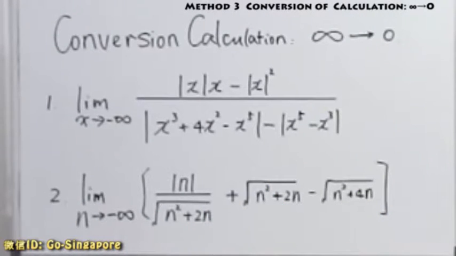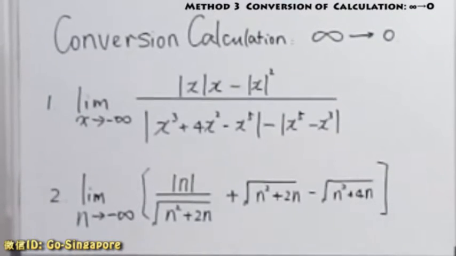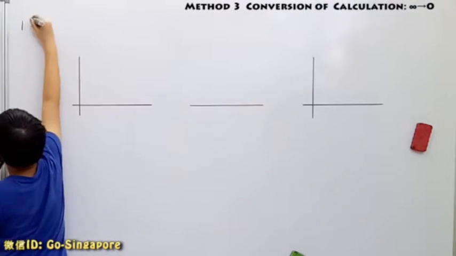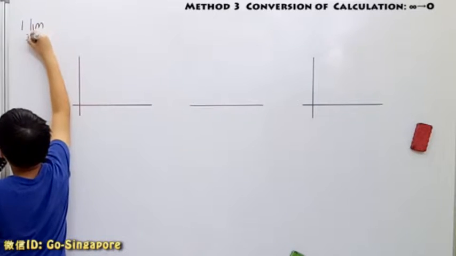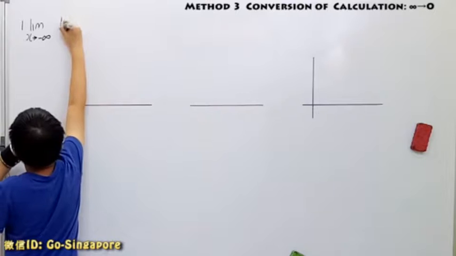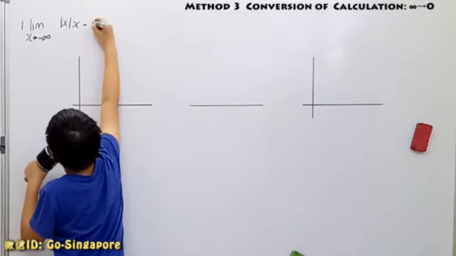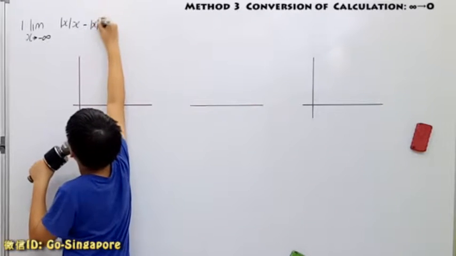Okay, so right now I'll try out some examples. We have 2 of these examples. We'll start from the first: the limit as x approaches negative infinity of modulus x times x, minus modulus x squared.